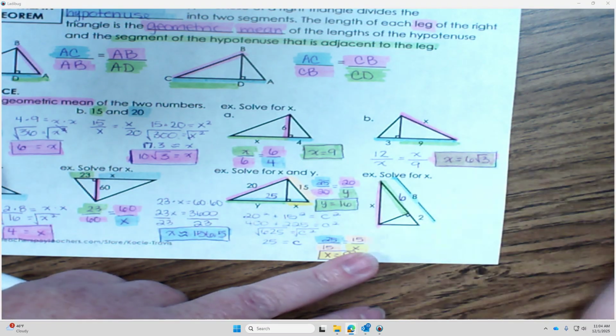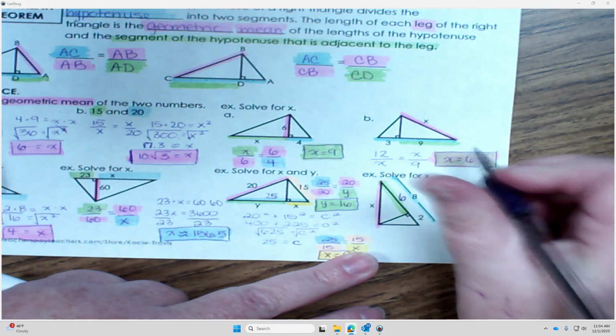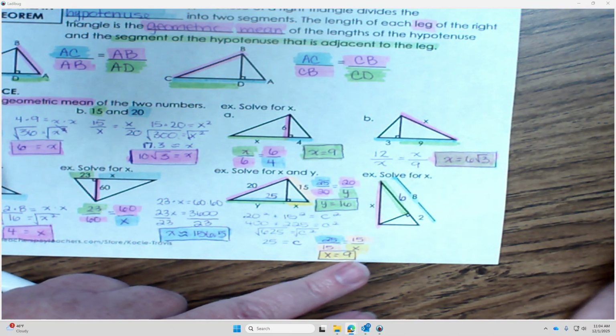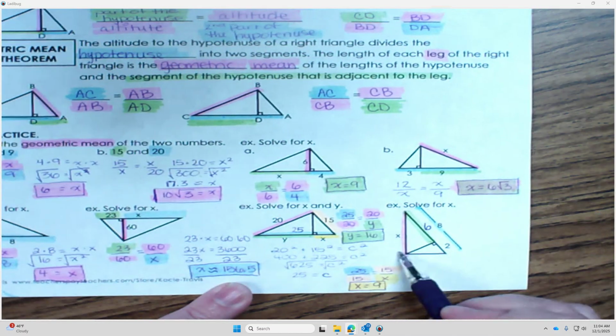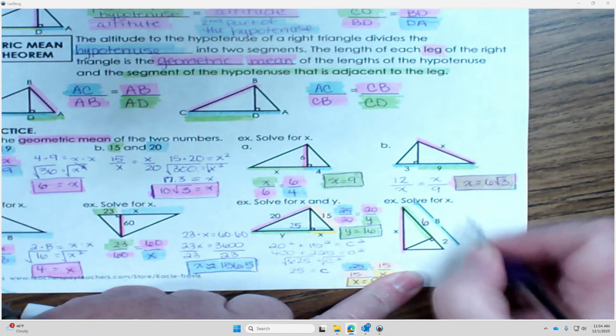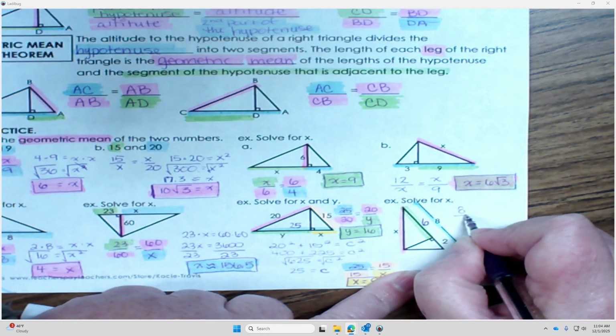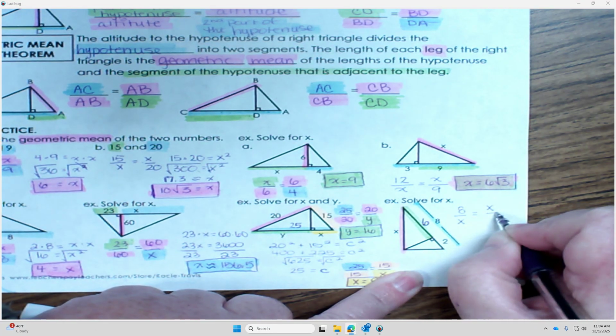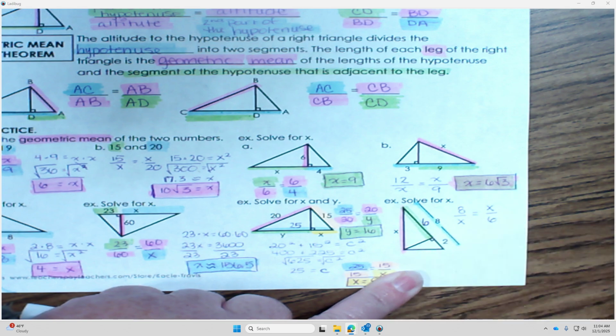The way you could do that, if you can't remember, is segment addition postulate: a plus 2 equals 8, and solve. Now I'm going to use the leg theorem again because it's a leg, not the altitude. The whole hypotenuse, 8, over x is equal to x over my part, which is 6.